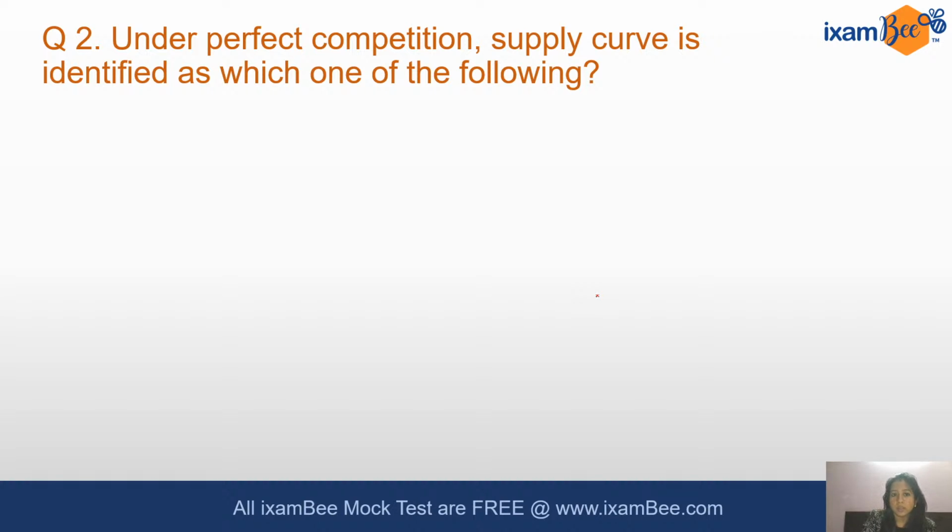The second question is related to markets. Under perfect competition, the supply curve is identified as which of the following? See the options very carefully and reply accordingly.